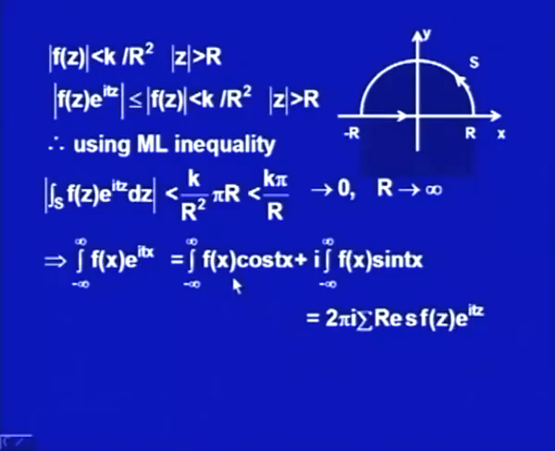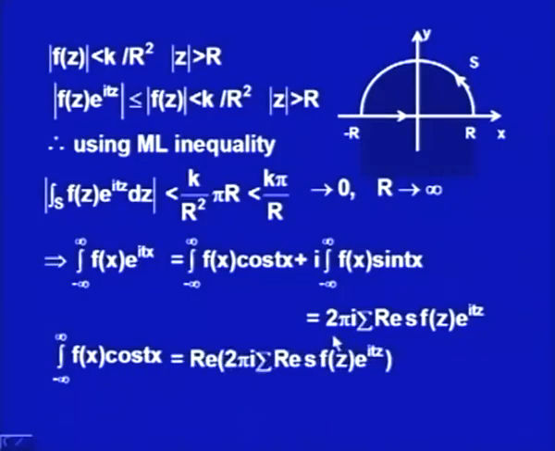So, comparing the real and imaginary parts, we would actually get two formulas. One is that the integral from minus infinity to plus infinity of f(x) cos t x is the real part of 2 pi i times the summation of residues of f(z) e to the power i t z, where the summation is over all the poles in the upper half plane.